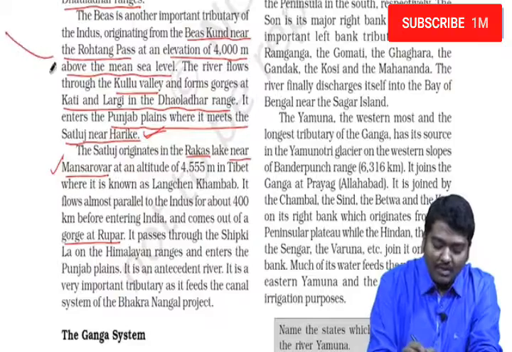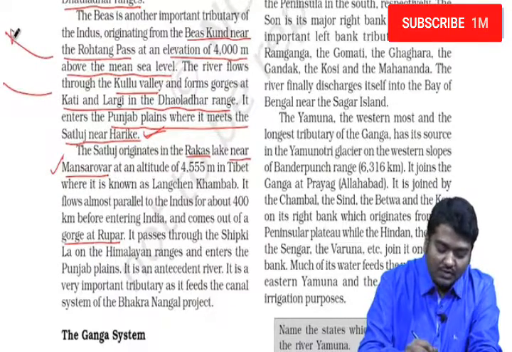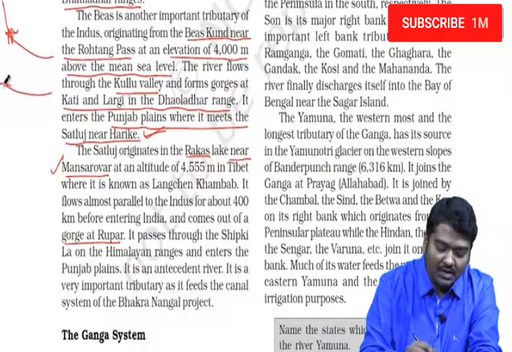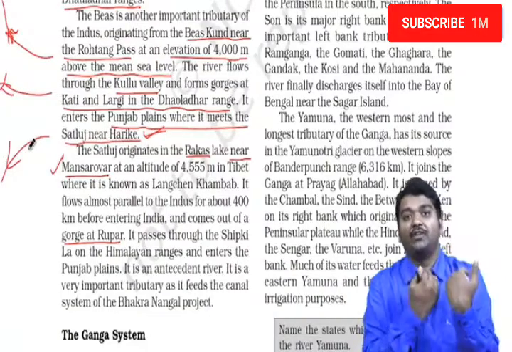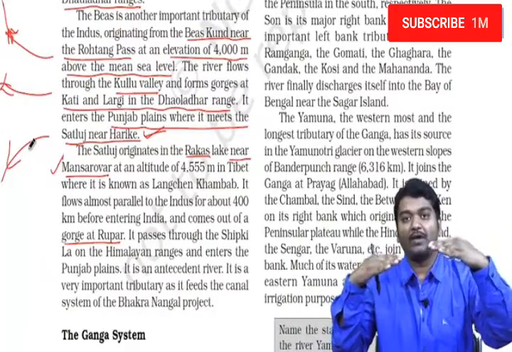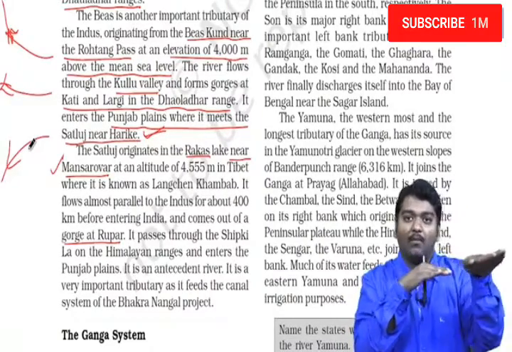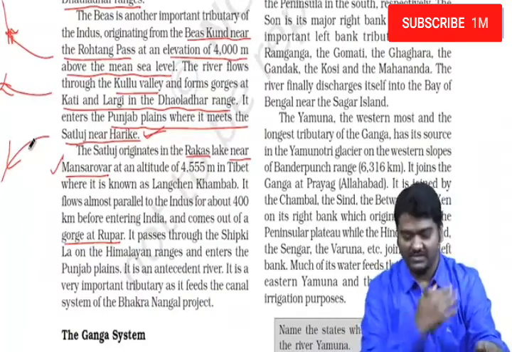See, usually both Indus and Satluj move like this. Indus moves in a northwestern direction, Satluj moves in an eastern direction because the slope varies. Rivers, when they are moving parallel, usually you observe one moving northwest, another one moving northeast or southeast.